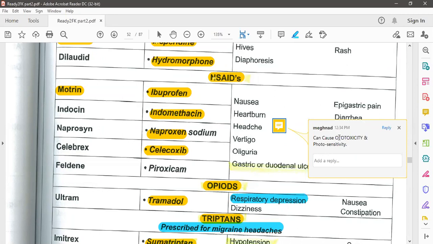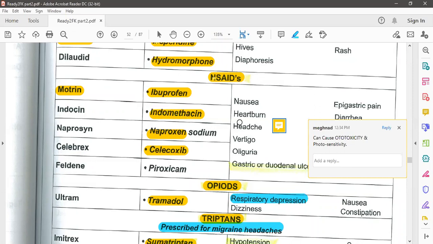So how do you understand your patient has ototoxicity? They complain of ringing in the ear. It is called tinnitus. What are the other common side effects of NSAID? All of them: ibuprofen, indomethacin, naproxen, or celecoxib.